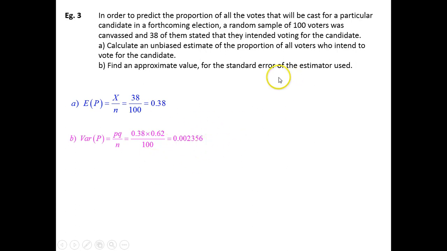We need the standard error, so we take the square root of that. So we've got 0.0485 as an estimate for the standard error. So ESE, the expected or estimated standard error of P.